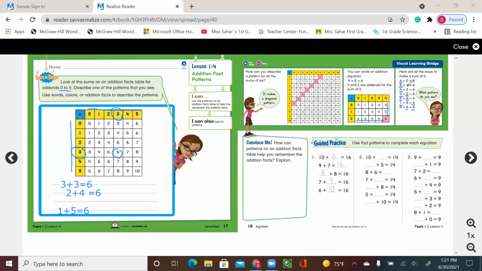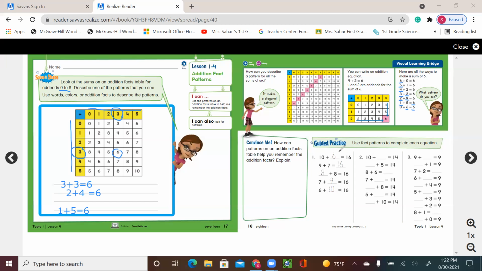So 0 became 1, then the 1 became 2, 2 became 3, 3 became 4. So I'm adding 1. The 1 I'm taking from the first addend, I add it to the second addend. And my sum is still the same, 6. So that's how many ways we can add together to make number 6.